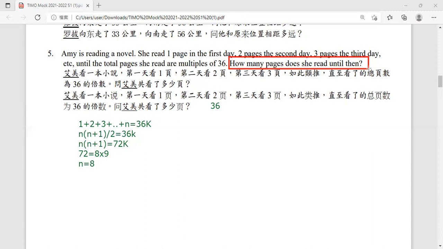So she had read for 8 days, but 36 pages. So please don't step in the hole. If you answer 8, you will fall in the hole. Any questions? Yeah, tricky, but don't fall in the hole. Now you have fallen in the hole for answering 8.